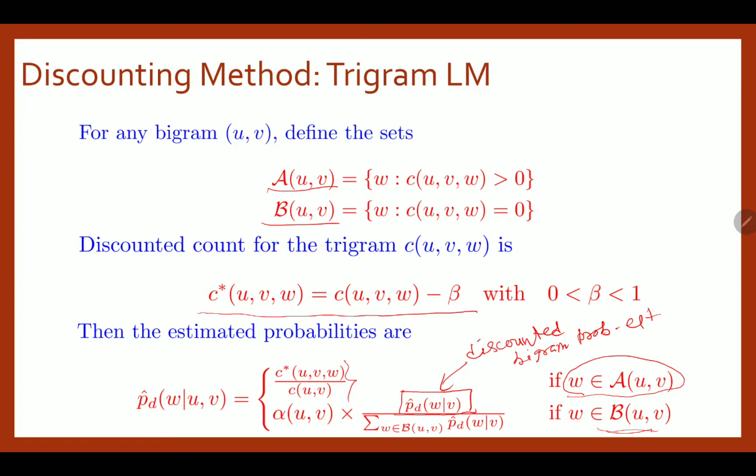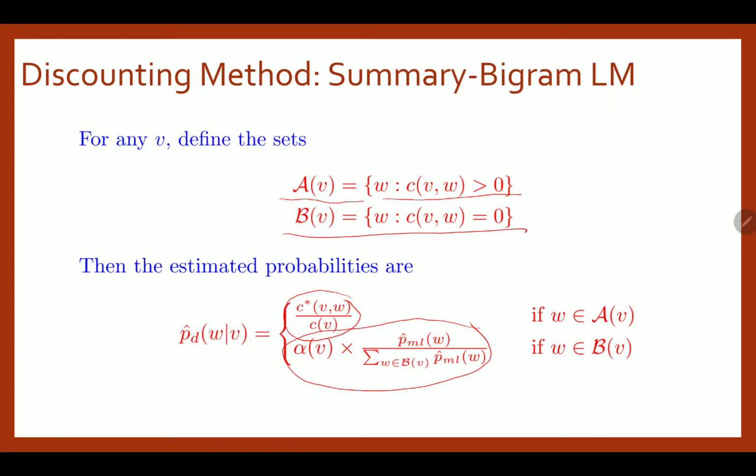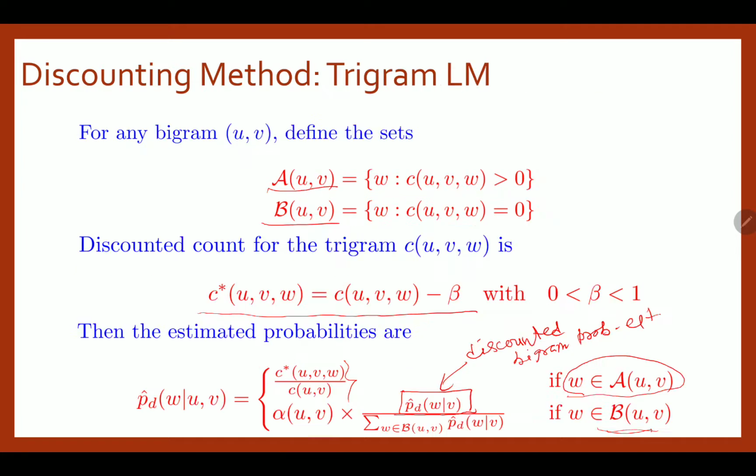For that we have already discussed how to obtain it, and in that case we have to fall back to the ML estimate of the unigram. So if you have a 4-gram model, then you have to go to the trigram, then the bigram, and then come back to the unigram. So this is what the discounting method is.